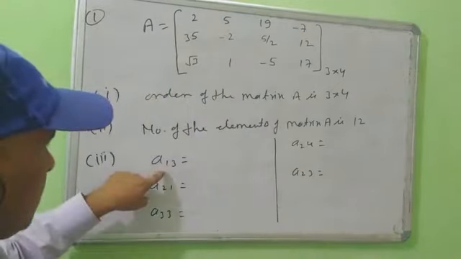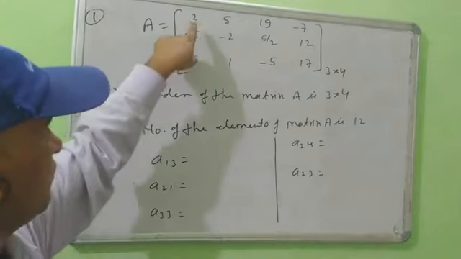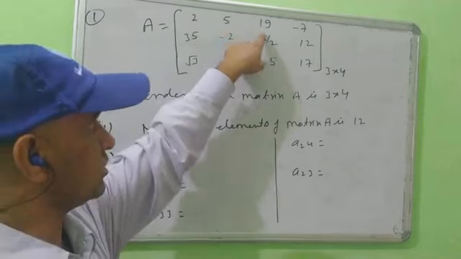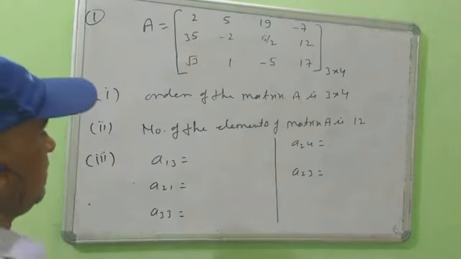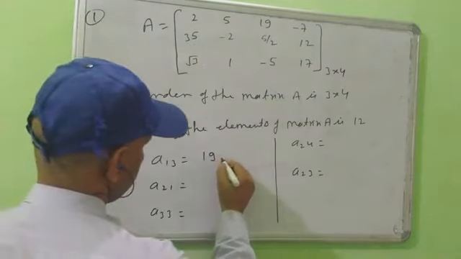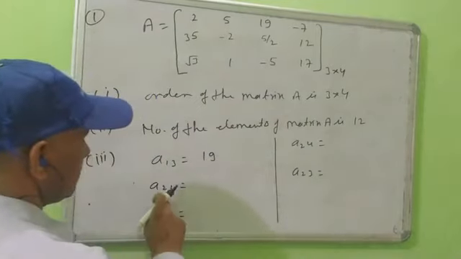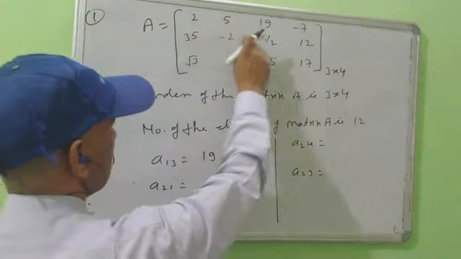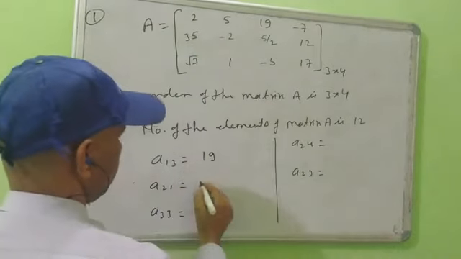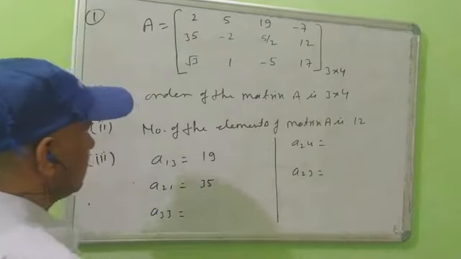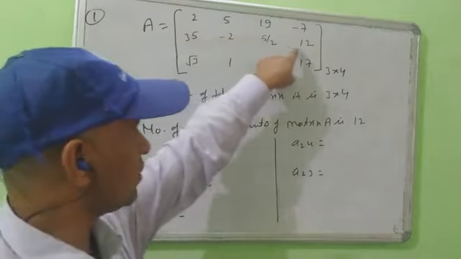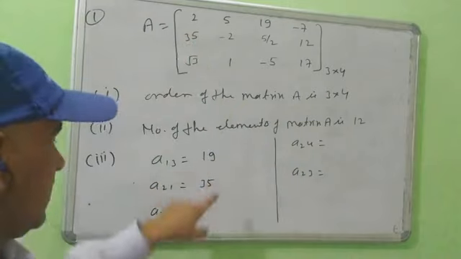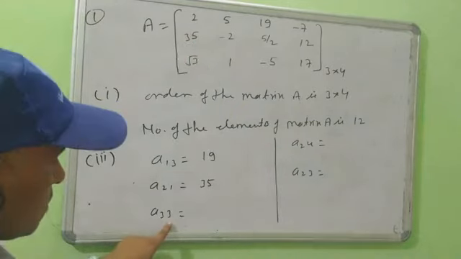So what is the element? First row and third column. First row first column, first row second column, first row third column. So this is the answer here, 19. Second row, first column. This is the second row and first column, which is 35. You check this. Second row, first column is 35. Third row, third column.